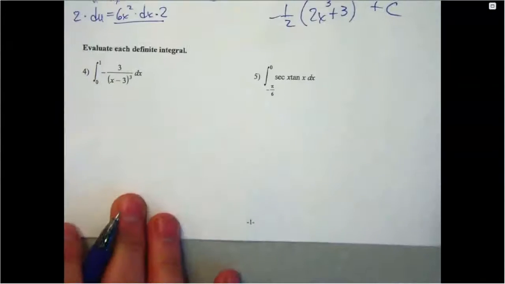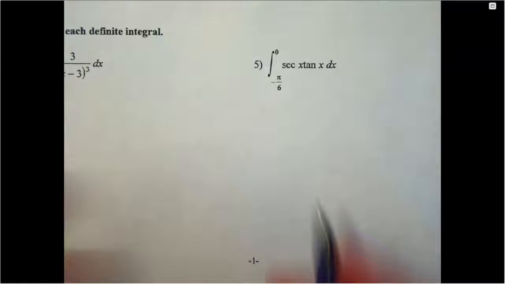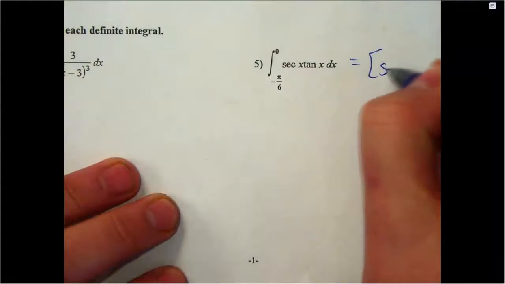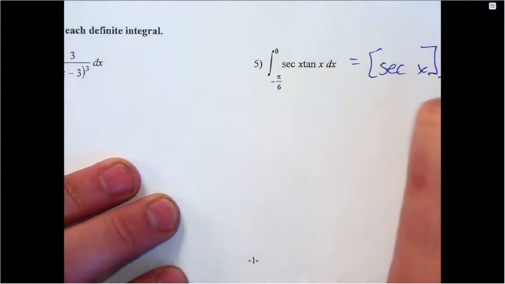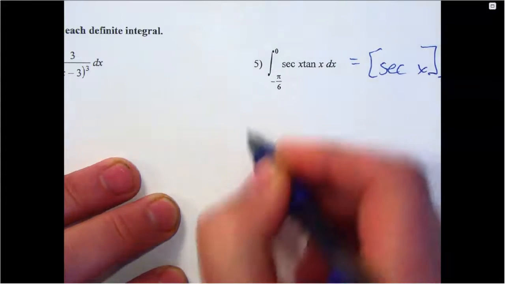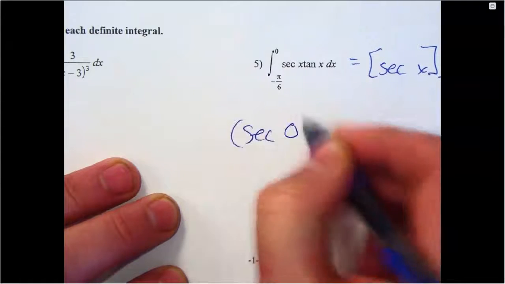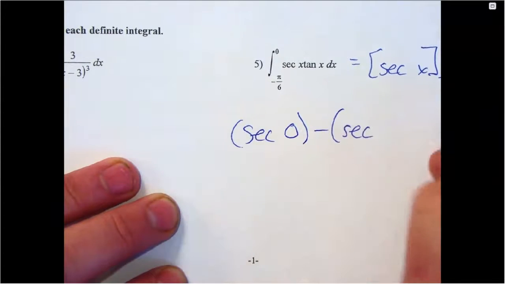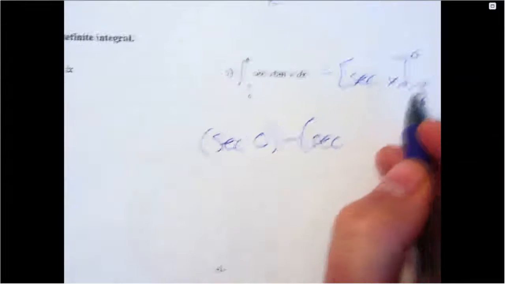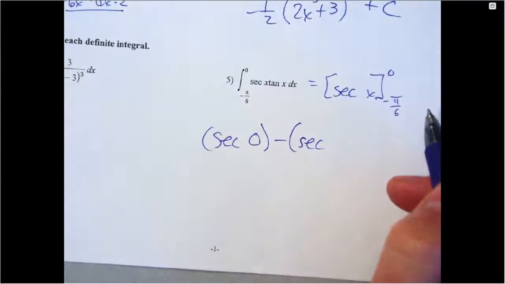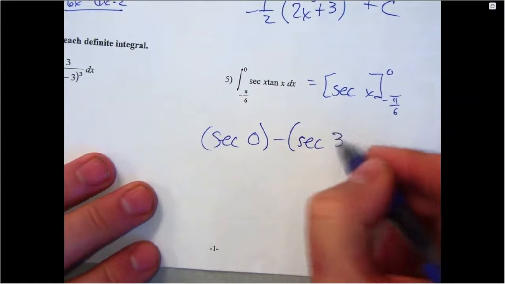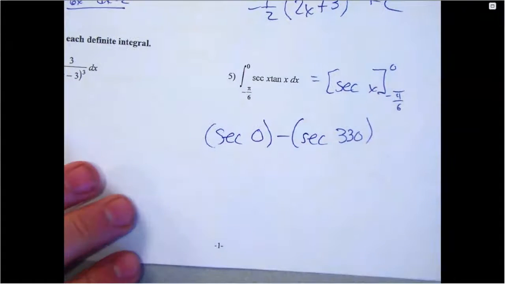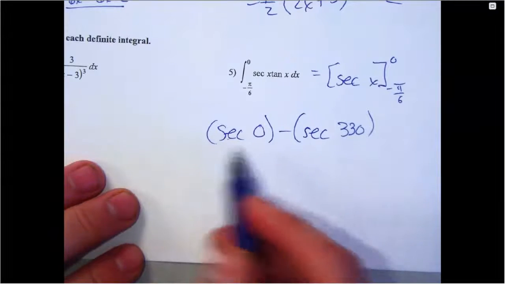So this is fine. Number 5. The integral of sec tan is sec. Sec of 0 minus sec of negative pi over 6, which is negative 30 degrees, or 330. Most people just think about it, okay, that's 30 degrees. Sec is cosine flipped.